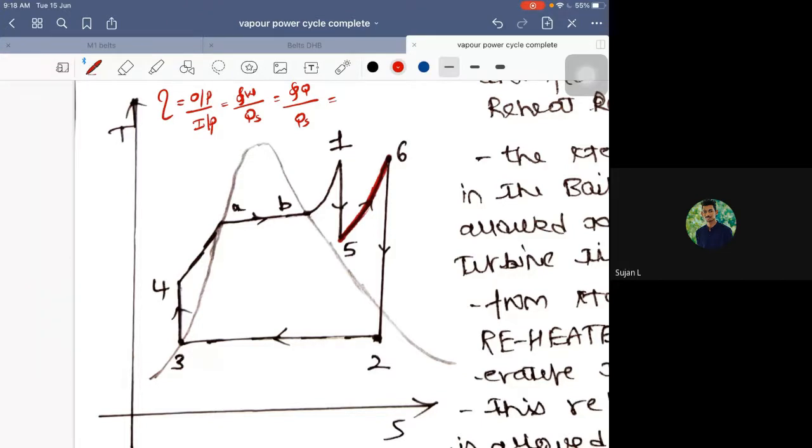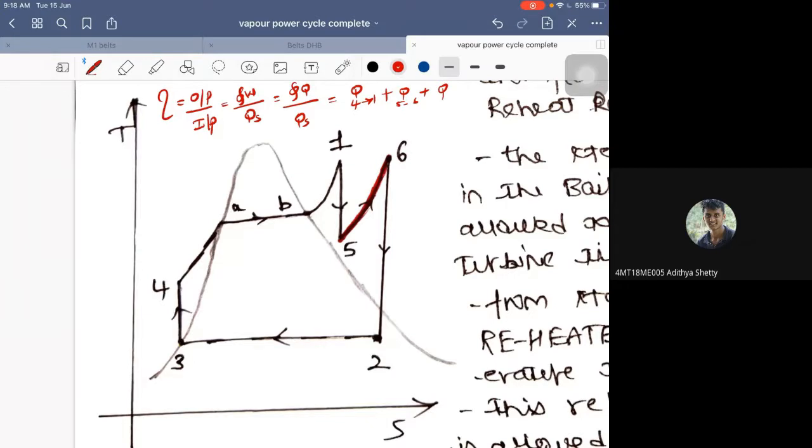How many heat interactions are there? Q4 to 1 is there, correct? Yes or no? Yes, sir. What is another heat interaction here? Q5 to 6 is another heat interaction.